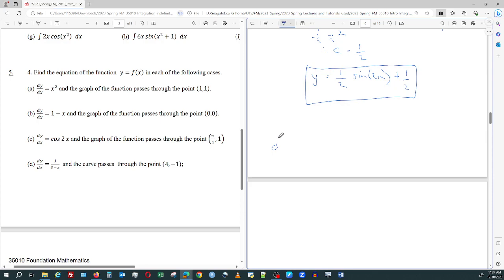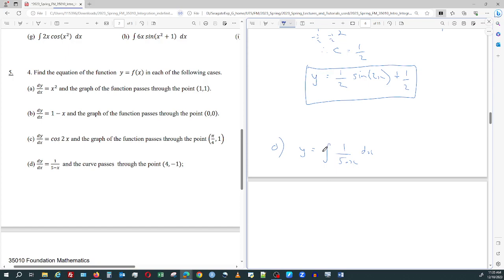Alright, so D is the integral of both sides, so dy dx will yield y. It'll be the integral of 1 over 5 minus x dx, and this is quite straightforward. Is the derivative of the denominator on the numerator?